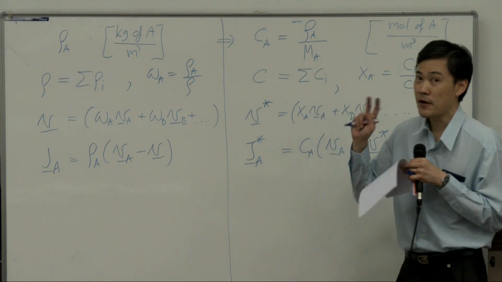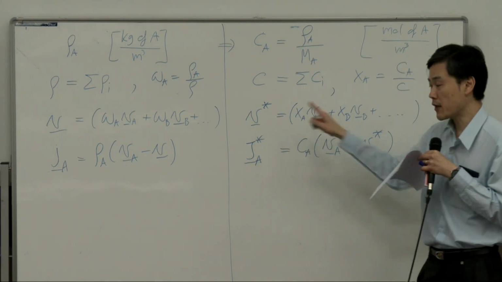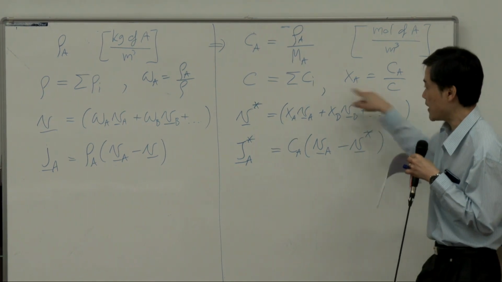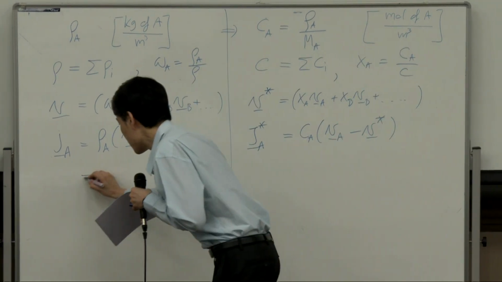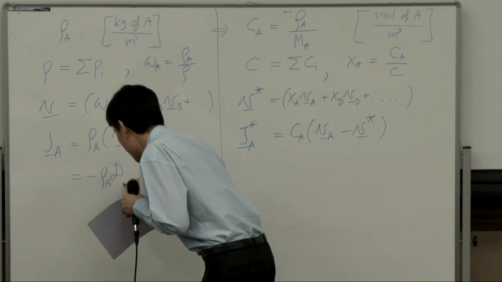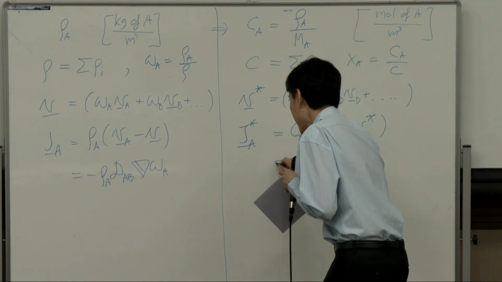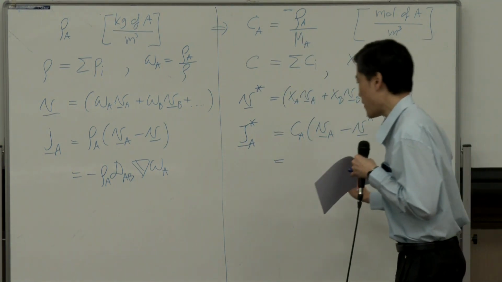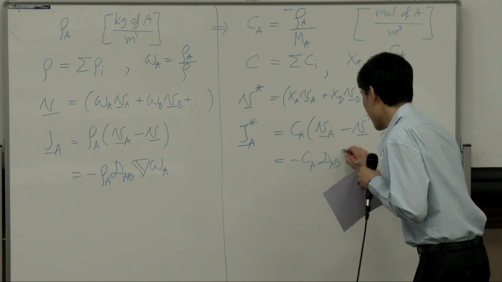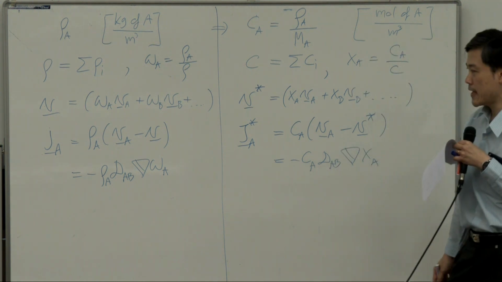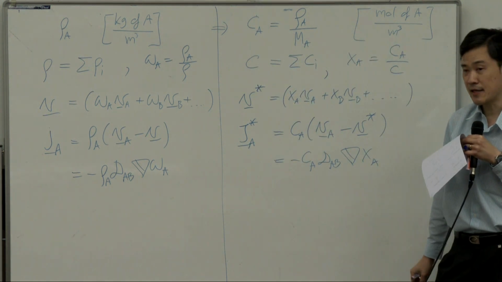For the flux, capital means molar basis, star means relative to average velocity calculated based on molar average. If you use Fick's law, that can be written like this. I can apply Fick's law in molar basis as well in a similar manner: CA VA... JA star equals minus C DAB del XA. Please note that the diffusivity here and there are exactly the same.